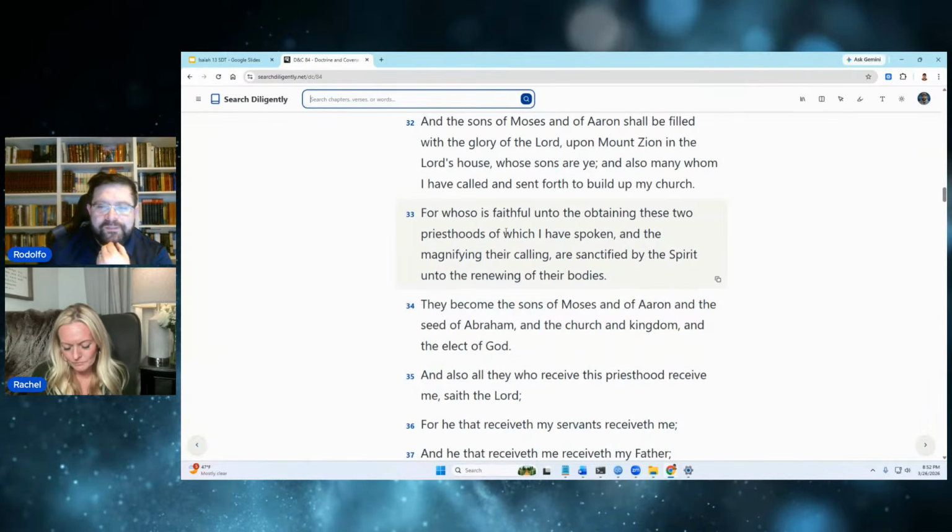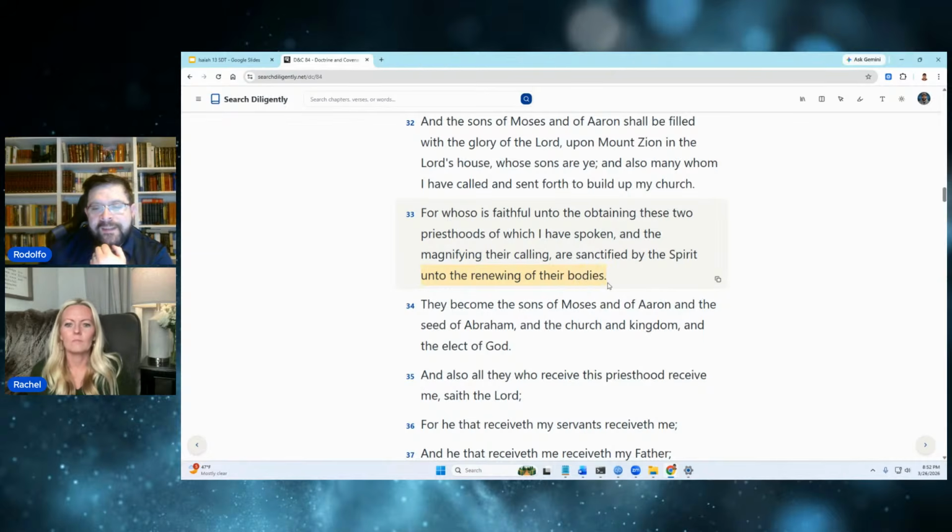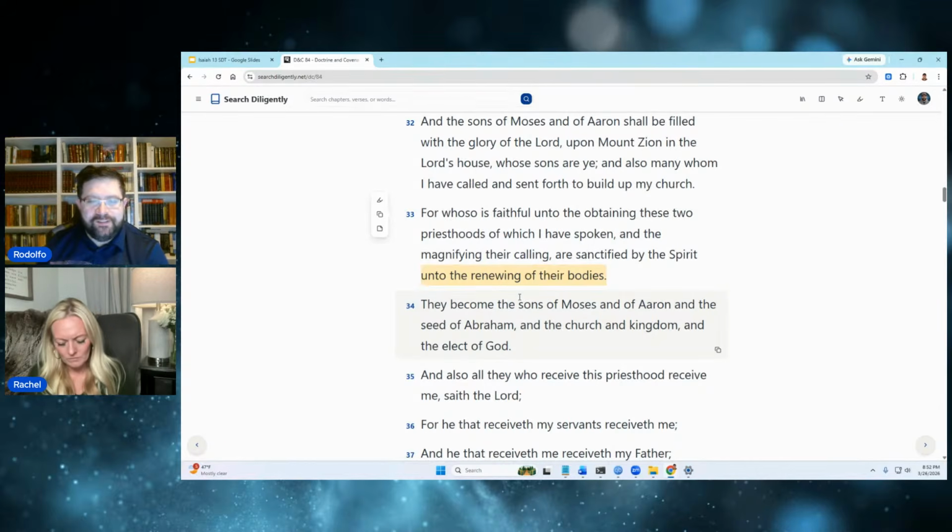"For those who are faithful unto the obtaining of these two priesthoods which I have spoken, and they magnify their calling, they are sanctified by the Spirit unto the renewing of their bodies." That renewal also appears in Isaiah 40:31: "They shall renew their strength as an eagle's wings." So I think the Lord is prolonging the seed.